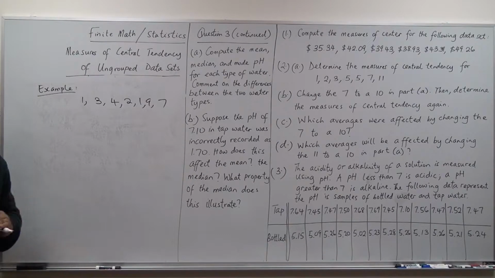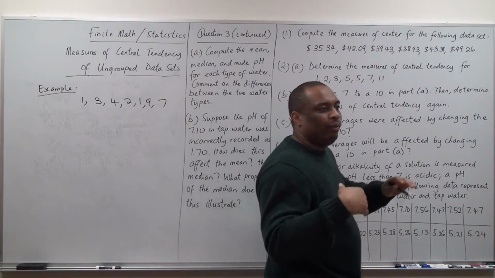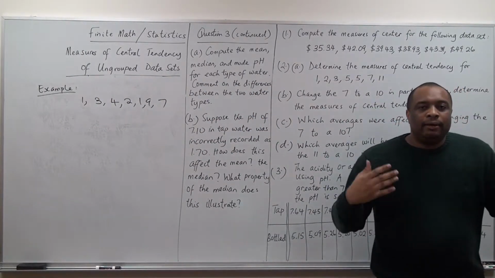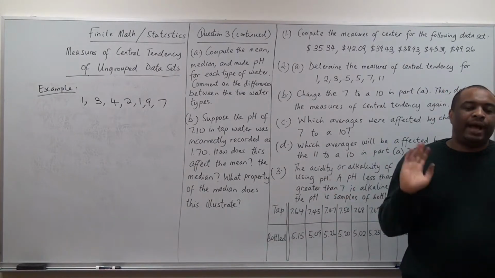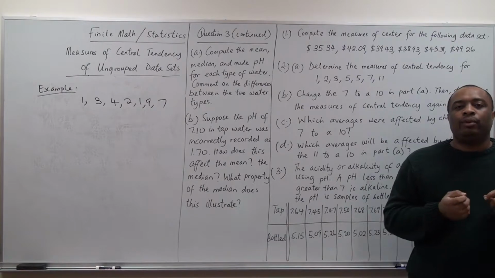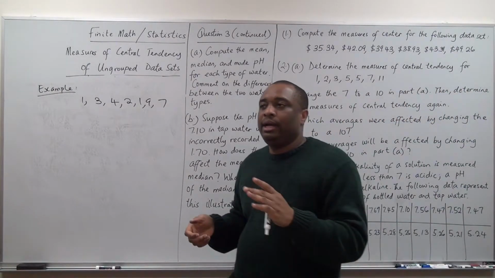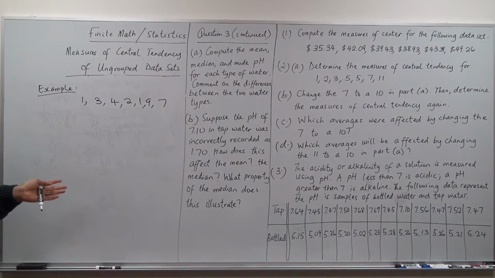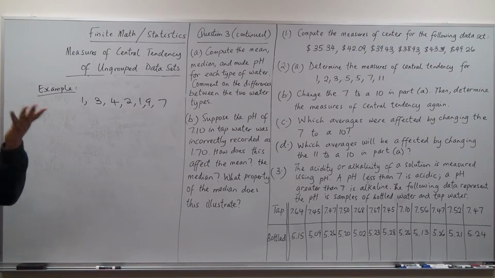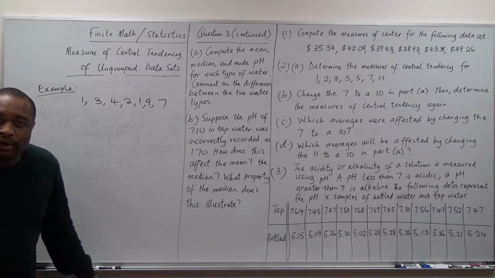Now, if you ask me, I would recommend that whenever you're working with data set values, the first thing you want to do is to arrange it, no matter what you want to find. If it is not arranged in ascending order, go ahead and arrange it in ascending order or descending order, as the case may be. But like I said earlier on, it's good if you arrange it in ascending order, because in life, where do we start?